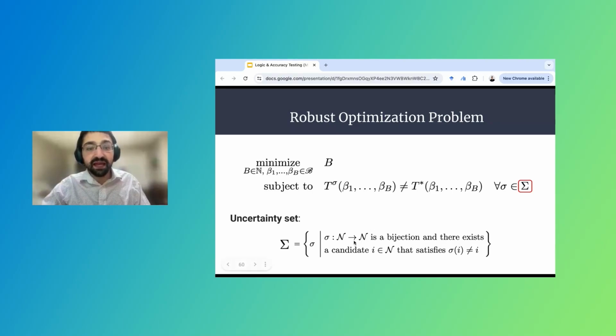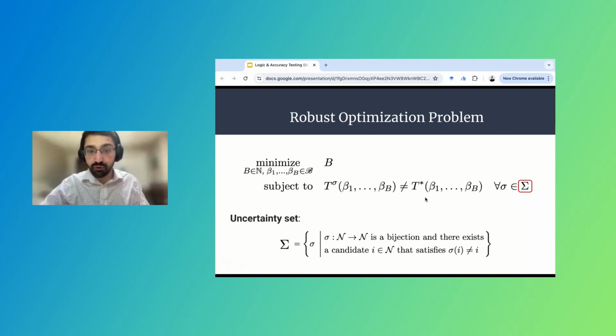And we say it's in the set if there exists at least one candidate that does not get mapped to its own target. So I'll repeat, capital sigma is the set of all bijections for which there exists at least one candidate that does not get mapped to its own target. And we have a constraint in this optimization problem for every incorrect bijection, every sigma in capital sigma.